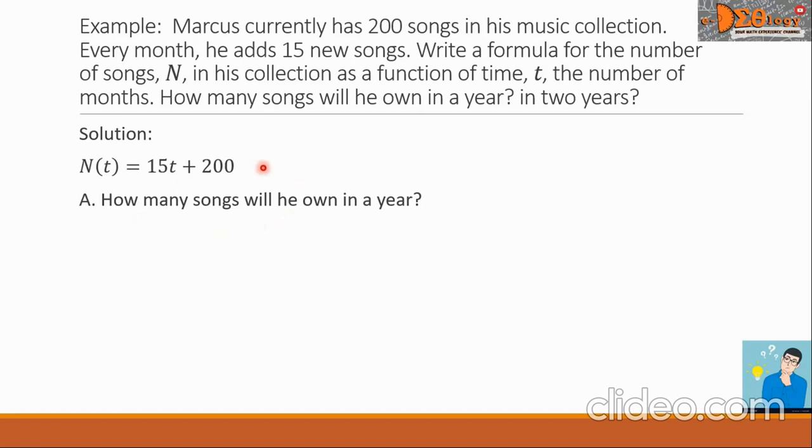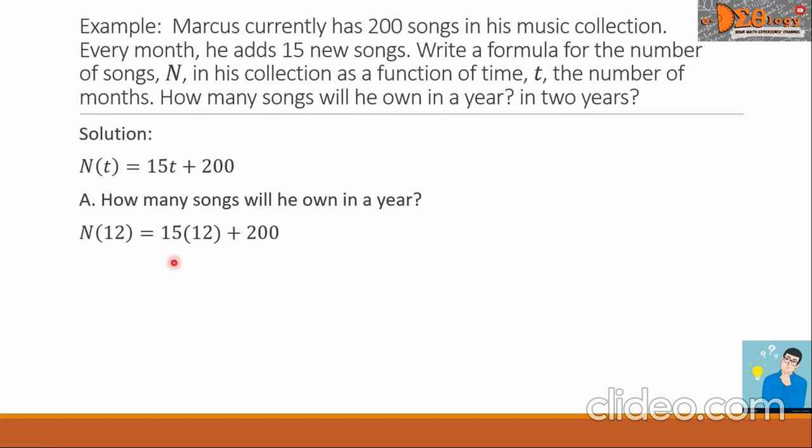Let us use our formula here, but since t is with respect to the number of months, we know that 1 year equals 12 months. So we will evaluate this function at t equals 12. So we have N of 12 equals 15 multiplied by 12 plus 200.